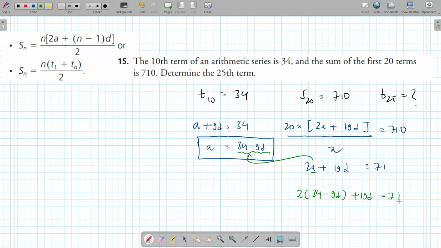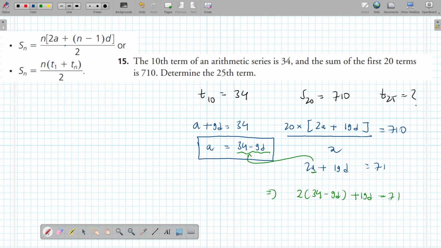Here, we could have also used elimination using this and this. You just multiply equation 1 by 2, but I think substitution is easier here. So I replace the A in this second equation using what A is from the first equation. So then this becomes 68 minus 18d plus 19d is 71. D is 3.